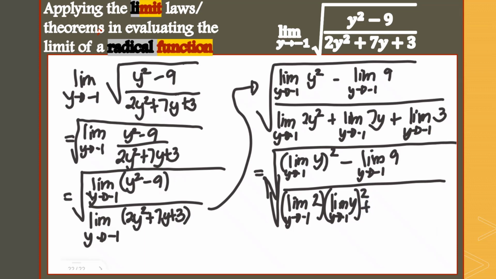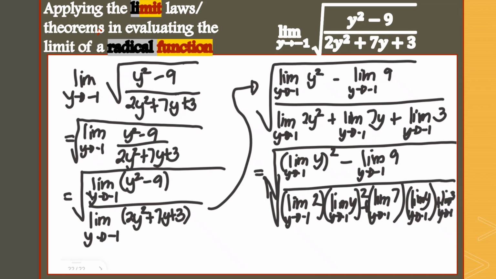Then the limit of 7 as y approaches -1 times the limit of y as y approaches -1, plus of course the limit of 3 as y approaches -1. Sorry, I don't have much space. Let me move it here.